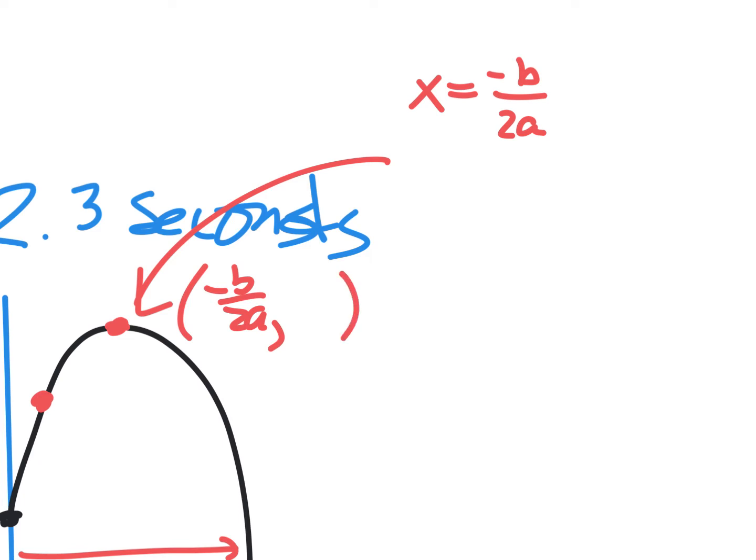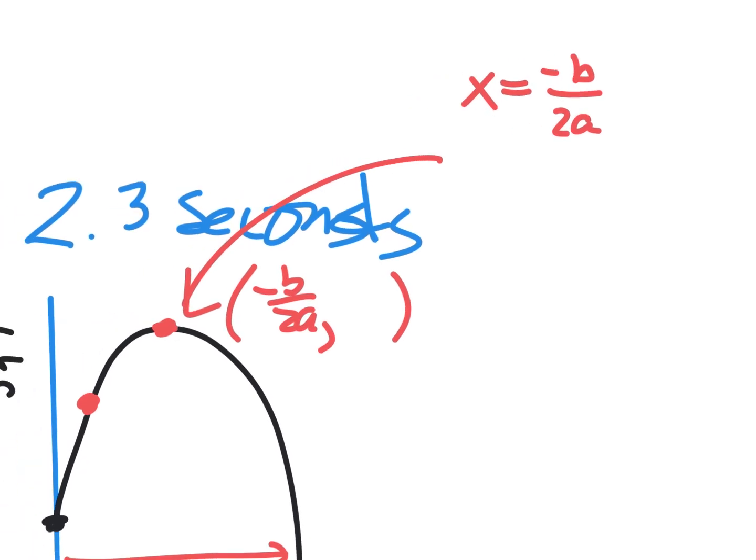Well, what's the y of the vertex? It's whatever you get when you stick that x in, so it's f of that. I'm not going to say f of x because we know what x is. What's x again? Negative b over 2a. That's how you get the vertex.